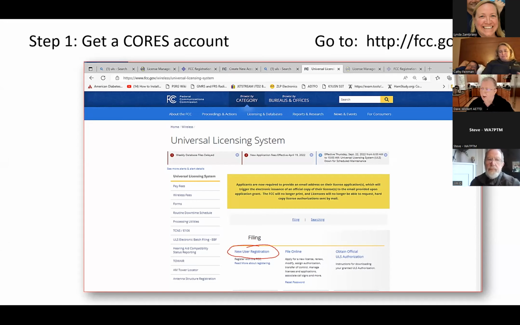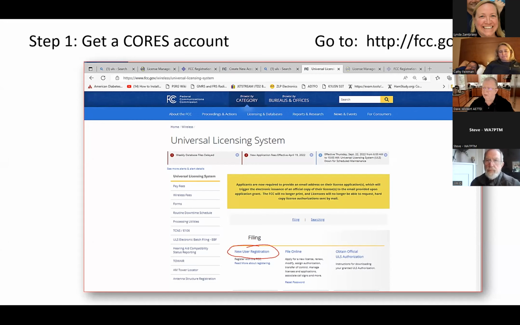Okay, so to be able to take your exam requires you to pre-register with the FCC so the FCC knows who you are. We keep using this term FRN without describing it, which is the FCC registered user number.